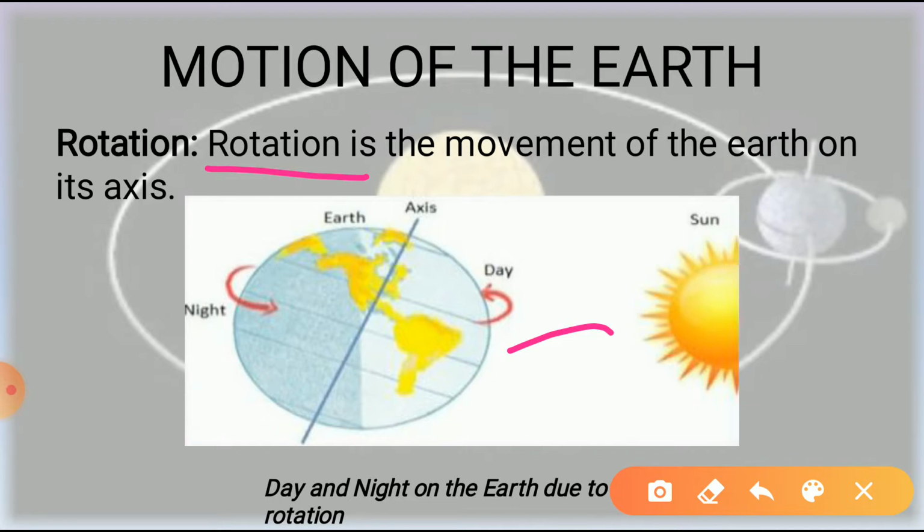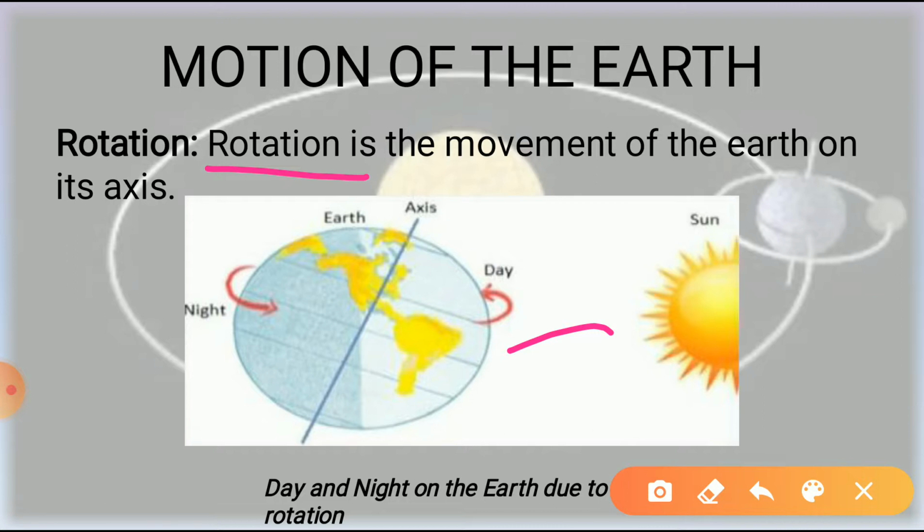And as the earth rotates from west to east, every part of the earth's surface will be brought under the sun at some time or the other. A part of the earth's surface that emerges from darkness into the sun rays experiences sunrise. Later, when it is gradually obscured from the sun's beam, it experiences sunset.